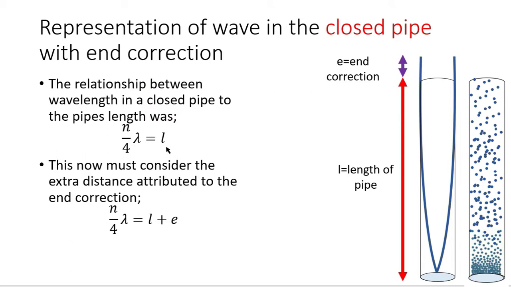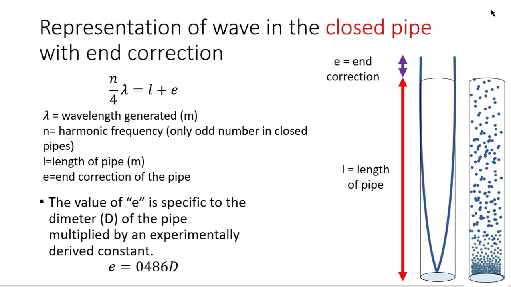Now all we have to do to adjust this expression is add this end correction value, E. We don't really have to denote it as a particular value. We just know that it's there. We know that the length of the pipe plus this distance away from the pipe must be considered in this new expression. So that's all we've done here. We've added that E variable in there.